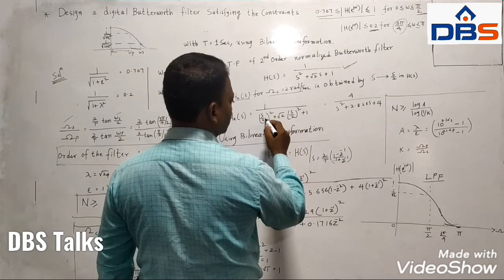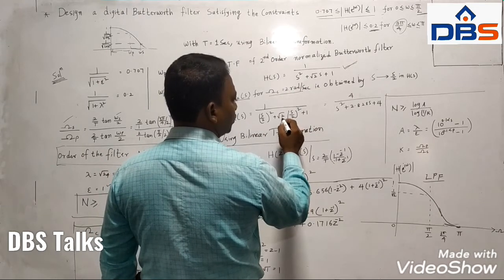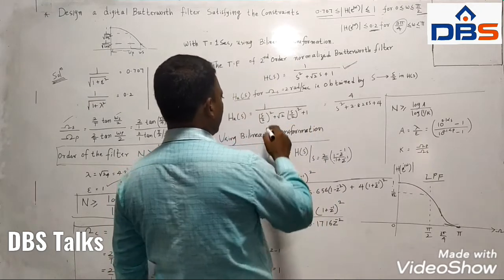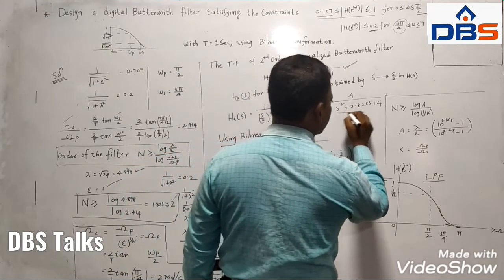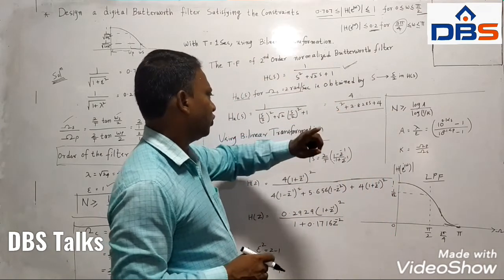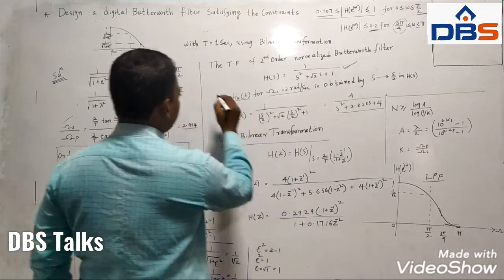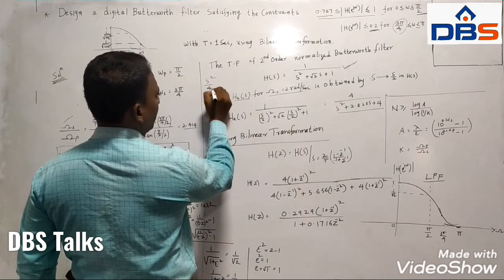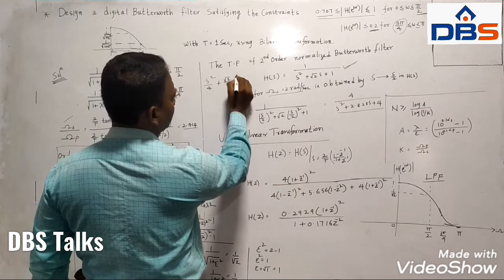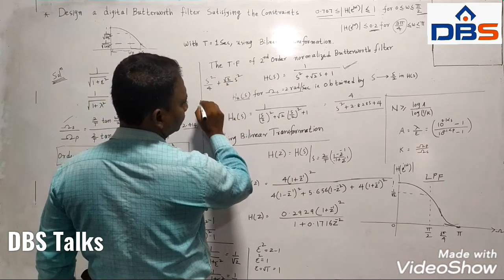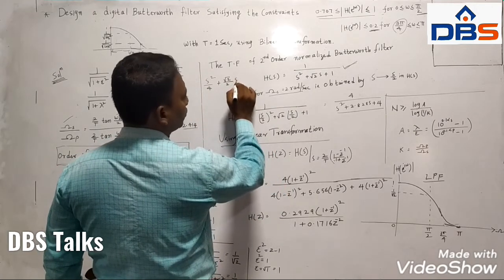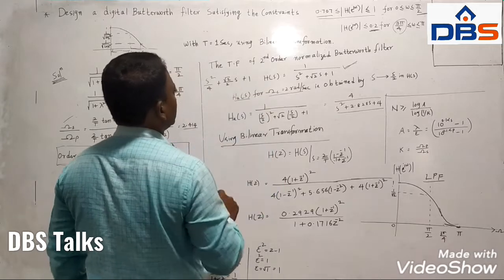Here you will get s square by 4, and here root 2 by 2 s plus 1. Sorry, the square is not there on the second term: it is root 2 by 2 s plus 1, so you will not get a square.